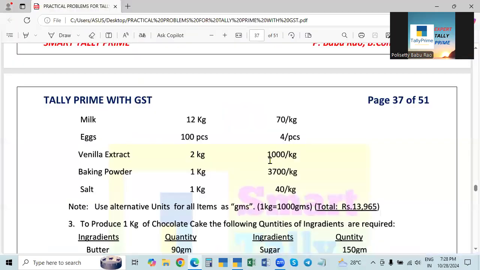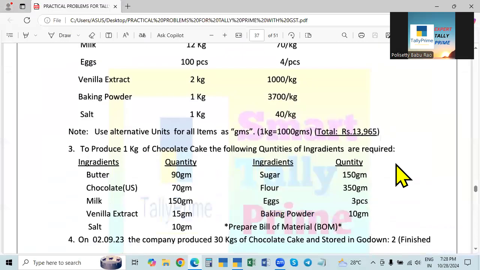So we purchase. After purchasing the goods, what will we do? We have to manufacture. For manufacturing, we have to use a voucher, the manufacturing voucher or manufacturing journal.